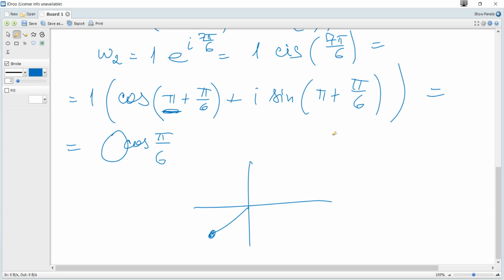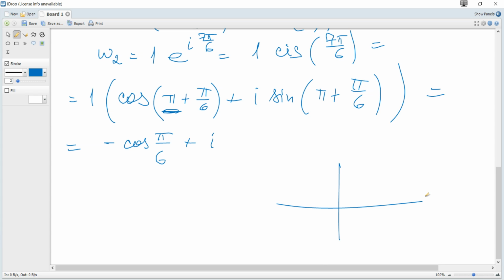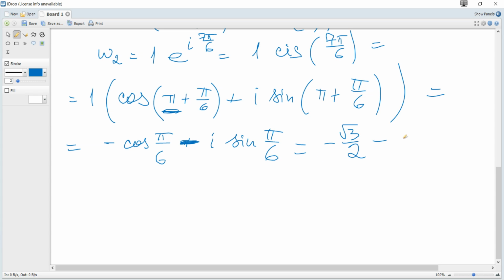So it's negative cosine pi over 6 plus i, and sine of pi plus pi over 6 is also in this quadrant, so sine is also negative, and we don't change the function, so it remains sine of pi over 6 with minus. Minus sine pi over 6, and it's again 30 degrees, so minus root 3 over 2 minus a half.